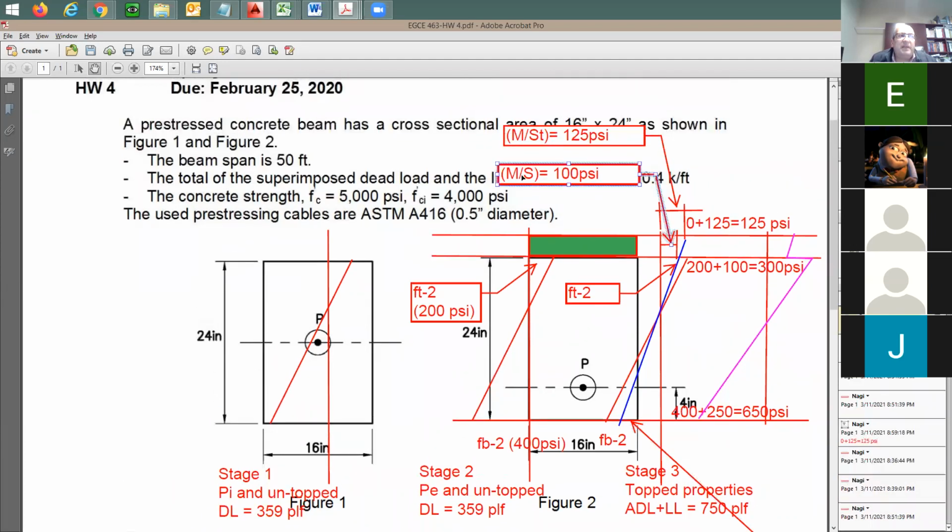And this is not really M over S, right? This is going to be M over I times a little bit of y here, and this y is going to be the distance from this center, all the way to that point. So it's not really M divided by I times C. It's going to be M over I times y.